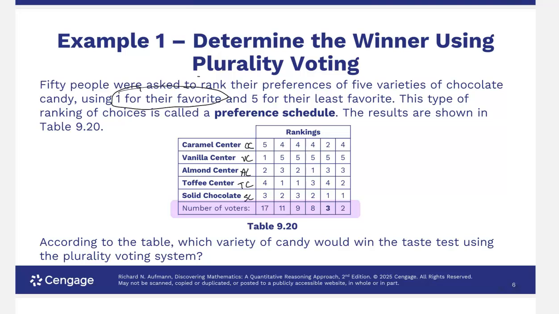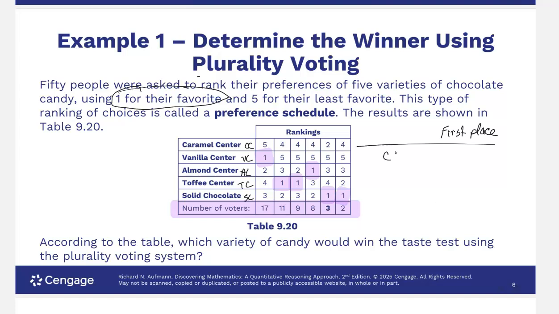So let's figure out who won our contest here. So we're looking at first place. So the ones with the 1. So that's what I'm really concerned about here. So I'm going to highlight those. So I've got a 1 here, I've got a 1 here, a 1 there, and 1's there.